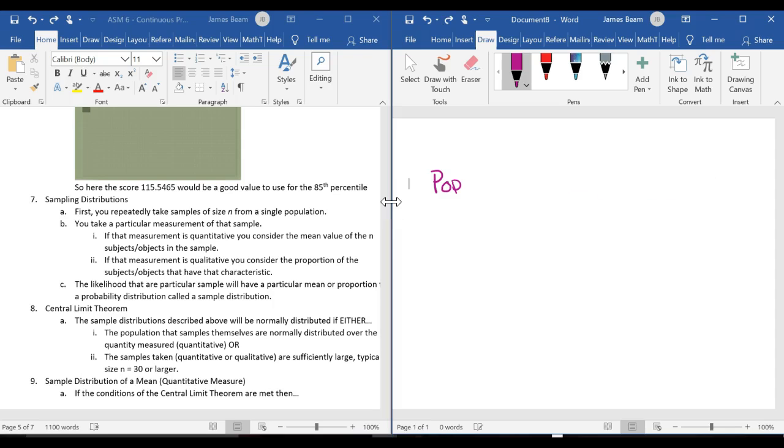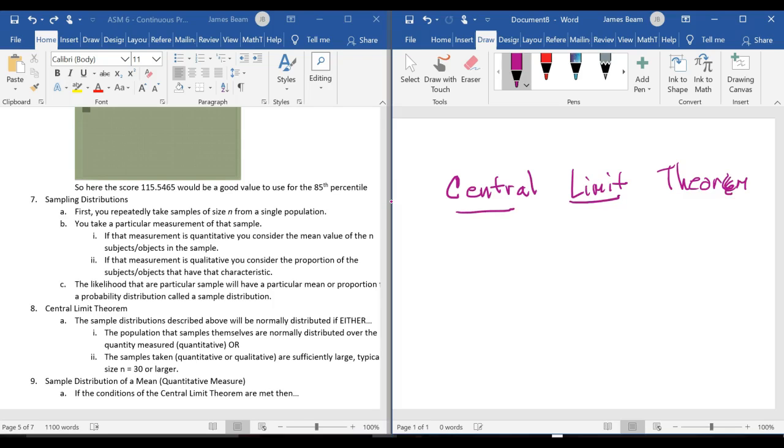Okay, so this brings us to a thing that's called the central limit theorem. Now, proving this is way deep into theoretical statistics.